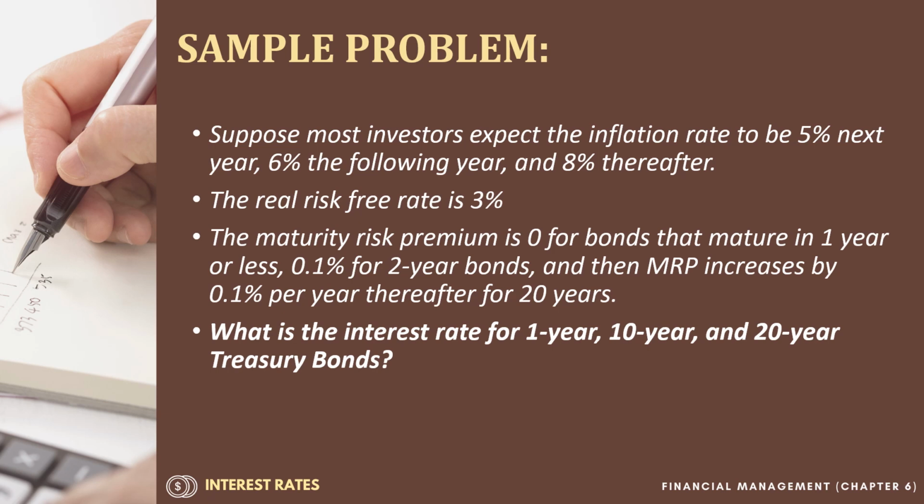Then the maturity risk premium is 0 for bonds that mature in 1 year or less, 0.10% for 2-year bonds, and then the maturity risk premium increases by 0.10% per year thereafter for 20 years. Now the question: what is the interest rate for a 1-year, 10-year, and 20-year treasury bond?